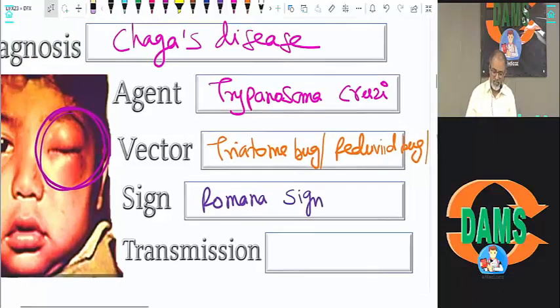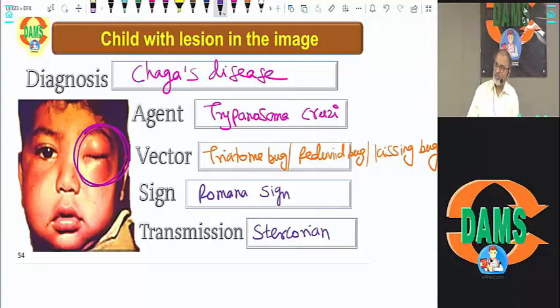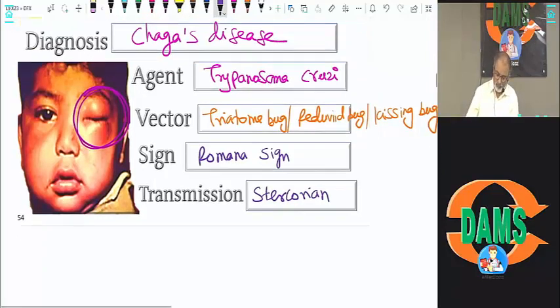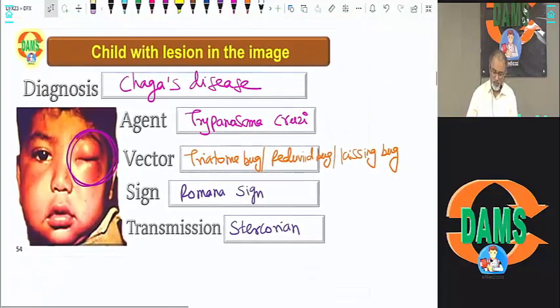How is it transmitted? Stercorarian, via stool. Mode of transmission: stercorarian transmission. Yes, this is about Chagas disease.